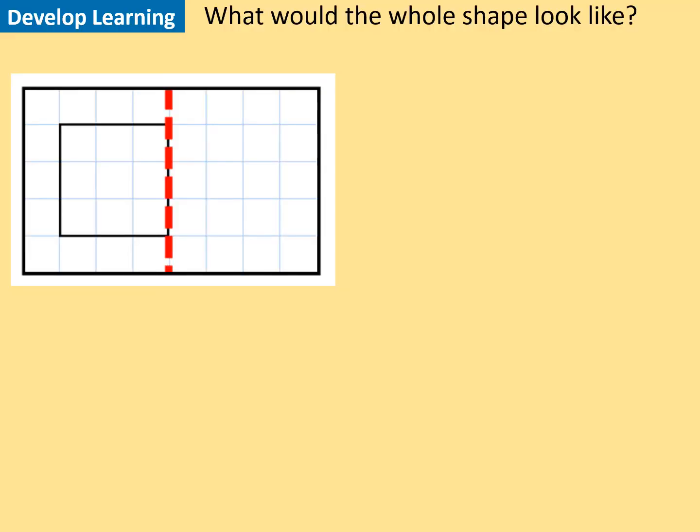In these examples, we will have exactly 1 half of the shape and the line of symmetry, so we'll need to see what the whole shape will look like. So in this example, I've chosen the top length, and you can see that from the line of symmetry on the left, it goes 3 squares across to the left.